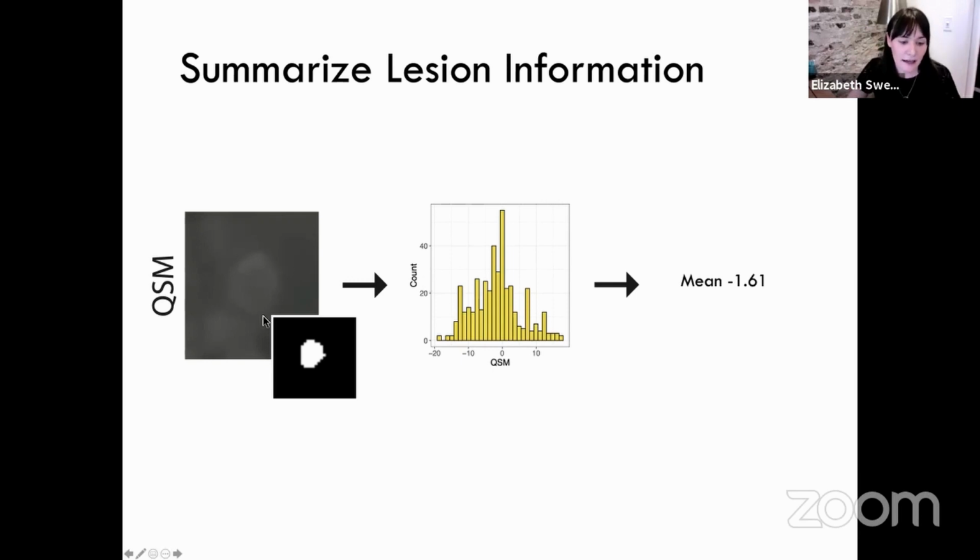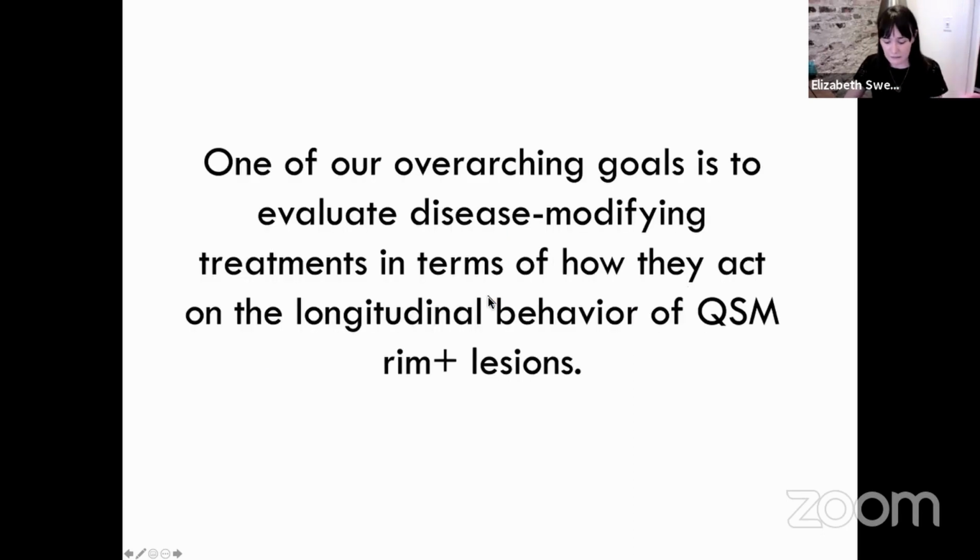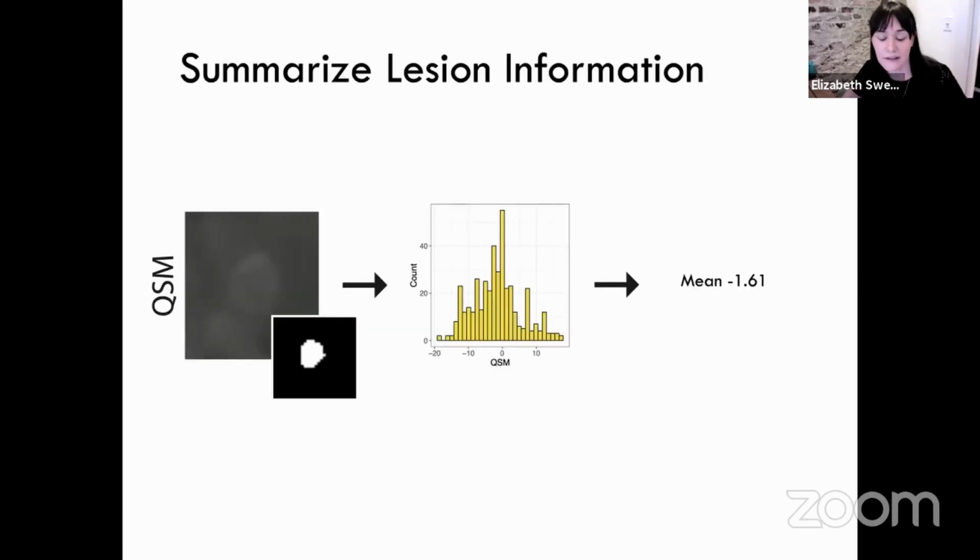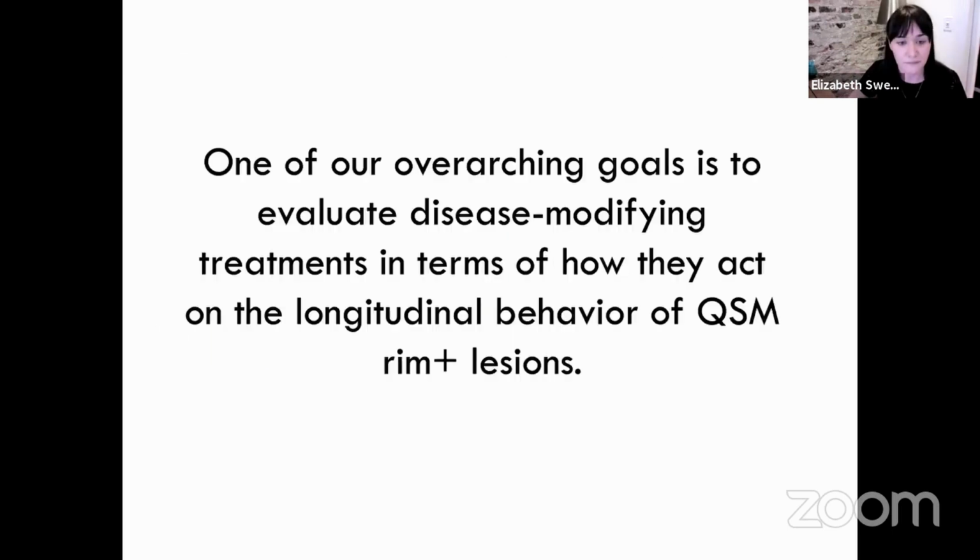So right here, I have a QSM rim-positive lesion. This is a mask. We get a histogram of intensities over this lesion, and we can calculate a number of statistics over this histogram. The one that I'll be using for this talk is the mean, but we've experimented with using different statistics. I've also been thinking about maybe using the density itself and modeling that.